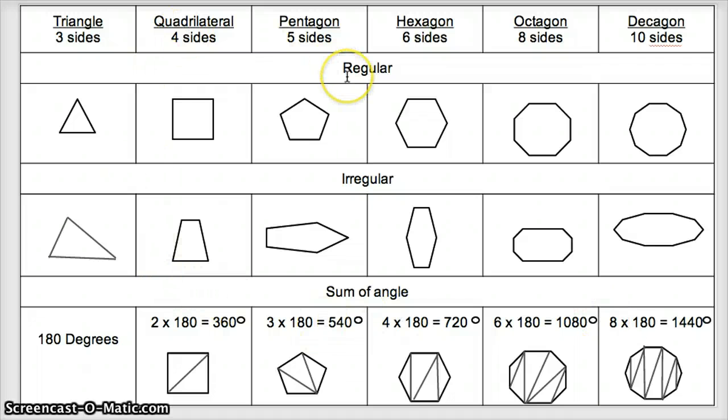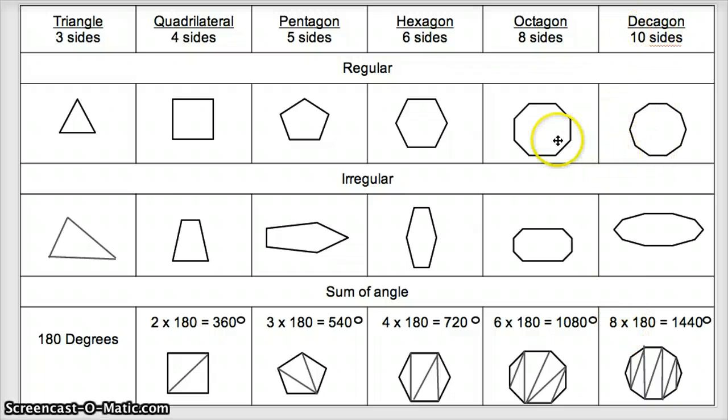Can you see the pattern? What you're multiplying by 180 is always 2 less than the number of sides. 2 is 2 less than 4. 3 is 2 less than 5. 4 is 2 less than 6. 6 is 2 less than 8. And 8 is 2 less than 10.